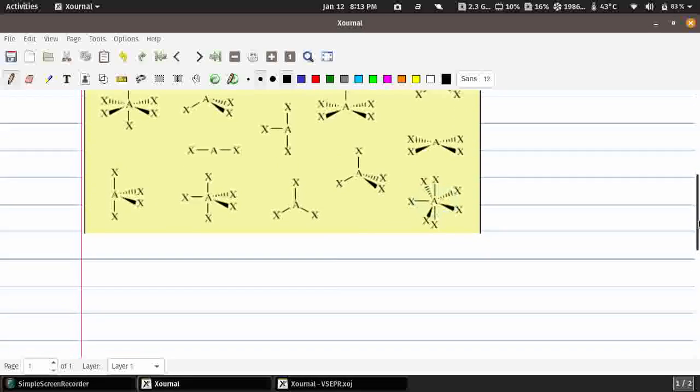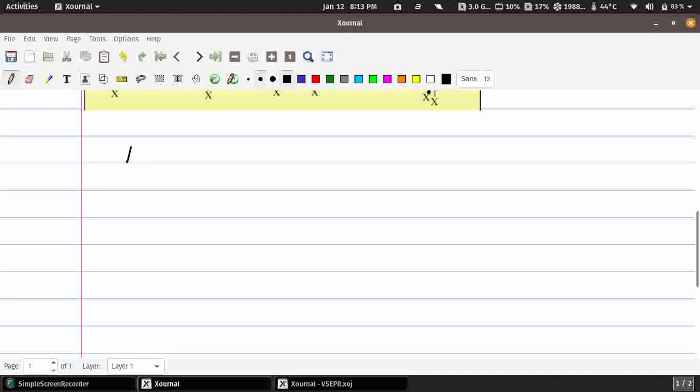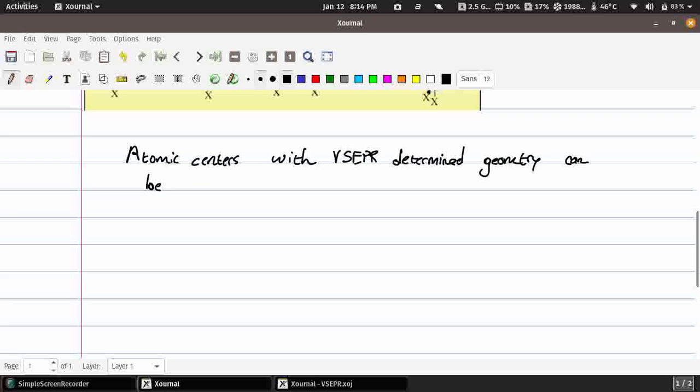Now, atomic centers. With VSEPR determined geometry can be joined into larger molecules.